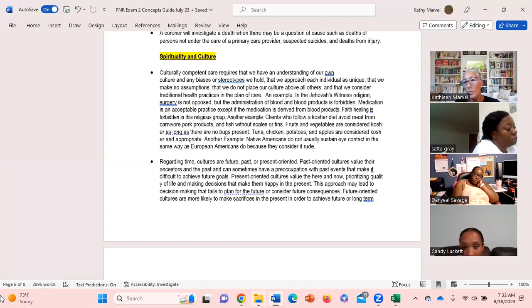But culturally competent care means we can look through the eyes of our culturally diverse client, right? See the world how they see it. That means checking our own stereotypes, checking our own biases. We can't make any assumptions. Our culture is not more important than anybody else's.